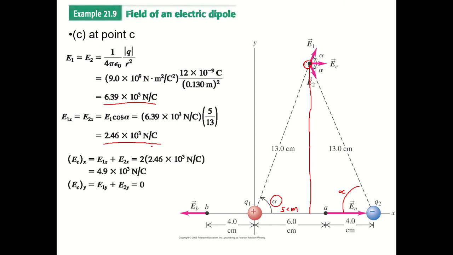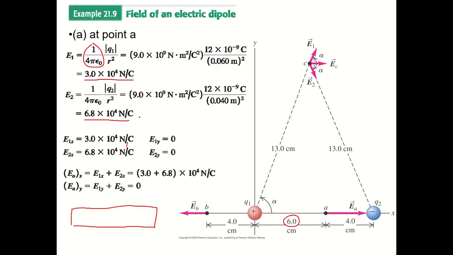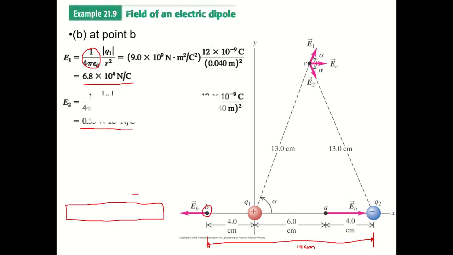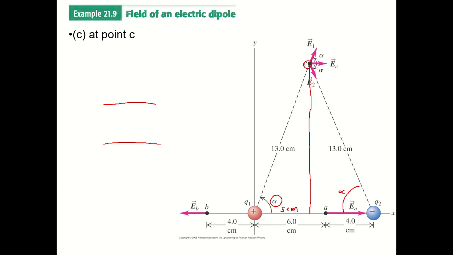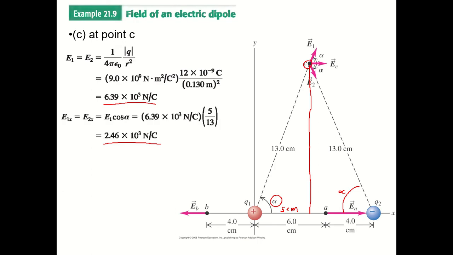So to solve for the resultant of the electric field at this point, we just sum the component due to charge Q1 and also the one due to Q2. Since this is an isosceles triangle, it is symmetric.